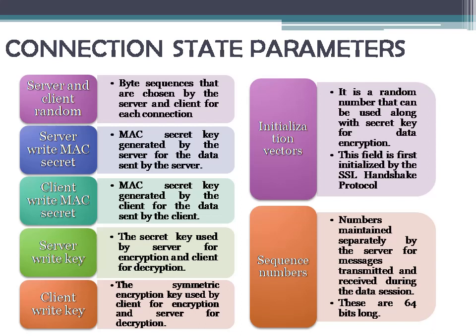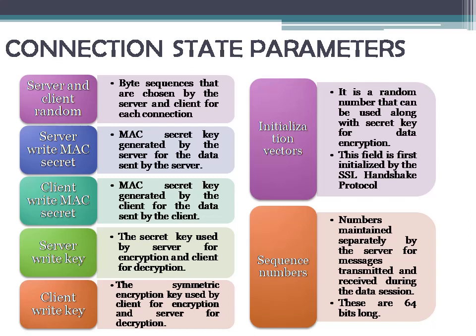Next we have server write MAC secret, which is a MAC secret key generated by the server for the data sent by the server. Next, client write MAC secret. This is nothing but a MAC secret key which is generated by the client for the data sent by the client. Server write key.